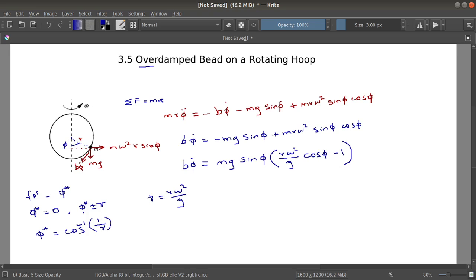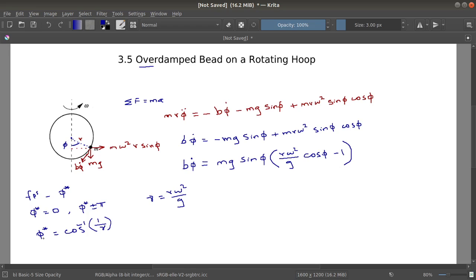So these are the fixed points. But if you notice, these fixed points are not going to vary with the parameters we have, like m, g, b, or omega. Whatever these values, this fixed point and this fixed point are not going to change.